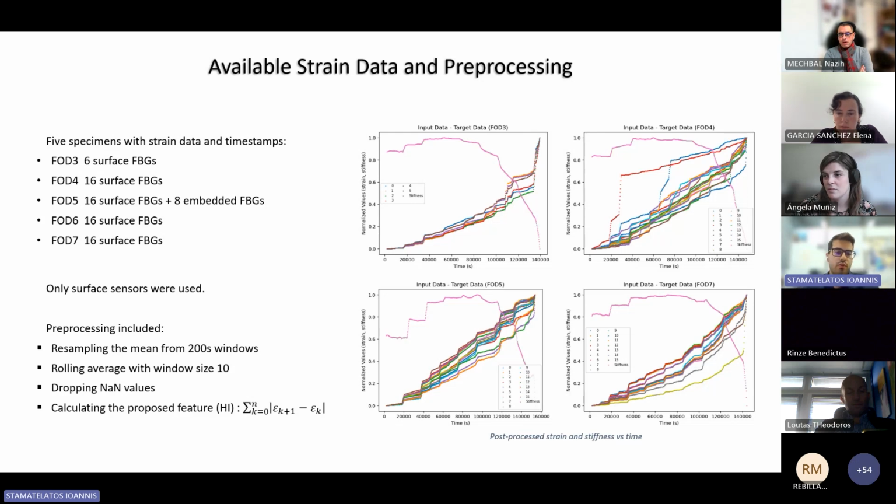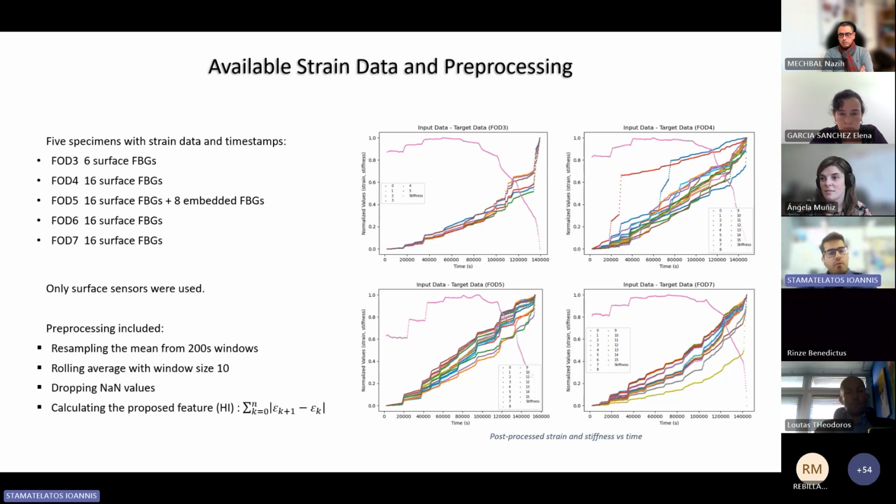So we used 200-second windows, and we averaged the mean value from them. And then we applied a rolling window just to smooth out the data, and some ordinary procedures for dropping non-values.